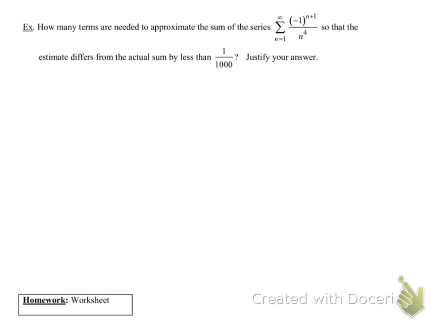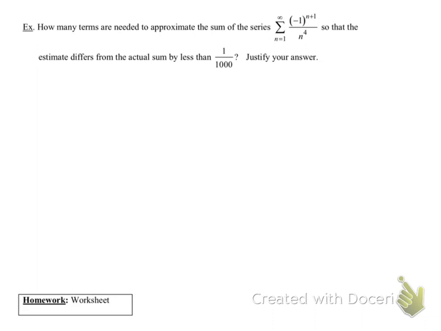Here all we need to do is go out in our terms so that we have a term whose absolute value is less than 1/1000th. So just carry out your terms, figure out the sums of the others, and you're good to go. Guess what?